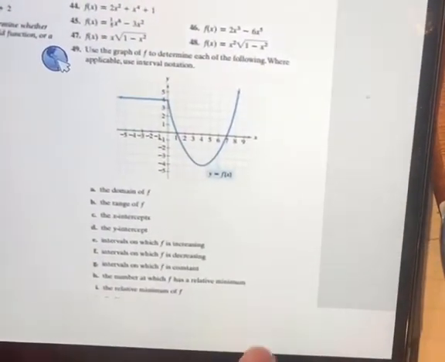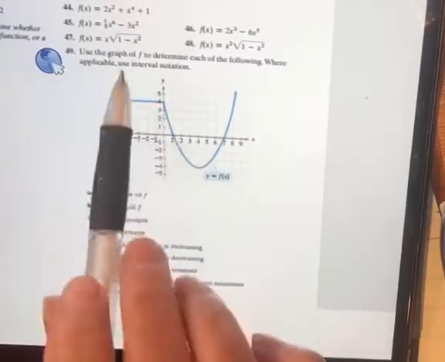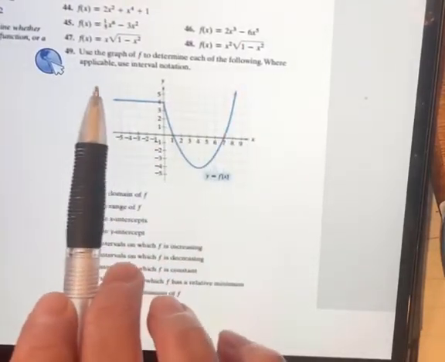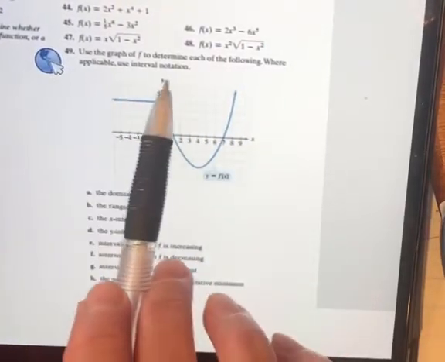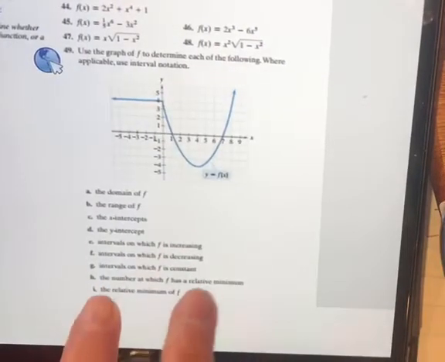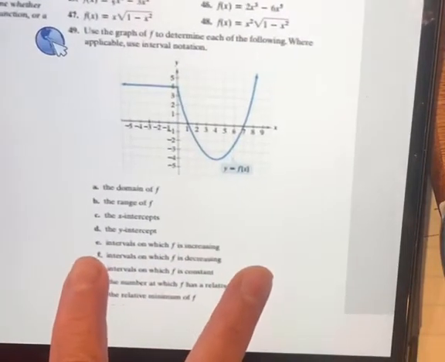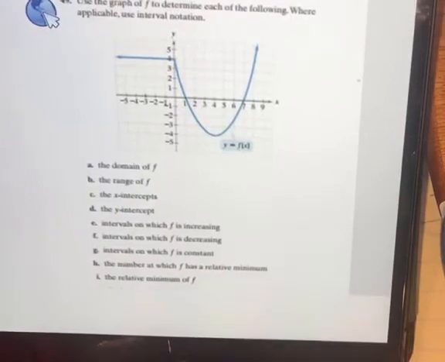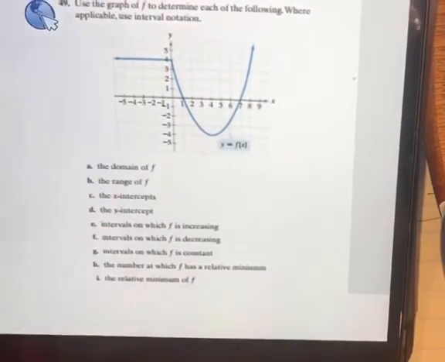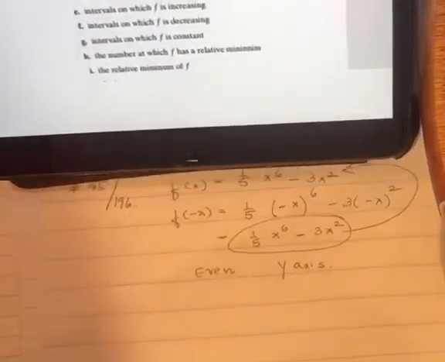Okay, it's asking us to use the graph to determine each of the following, and where applicable use interval notation. Now this is the graph. The first problem is asking us the domain.